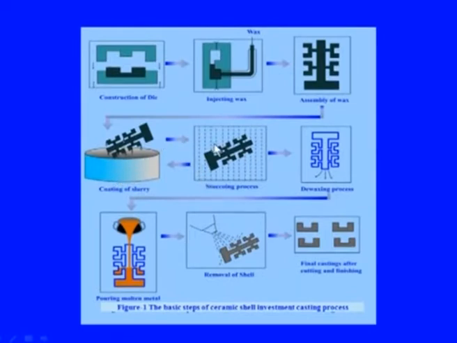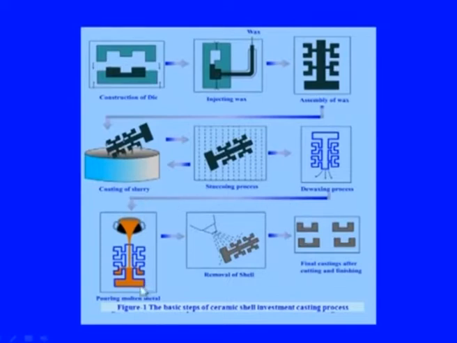Then it undergoes the stuccoing process, and depending on the thickness of the coating required, it is dipped in the slurry several times, and then it is taken for the dewaxing process, where the wax is removed.